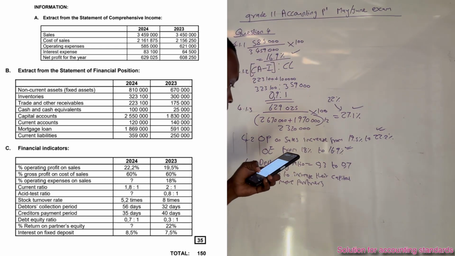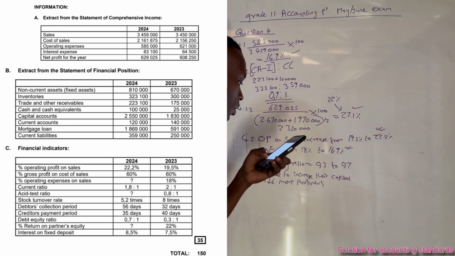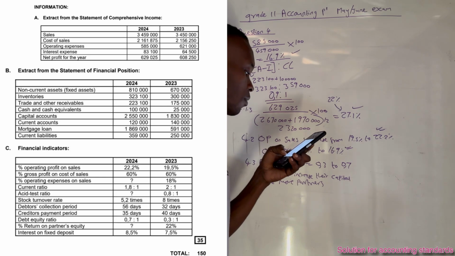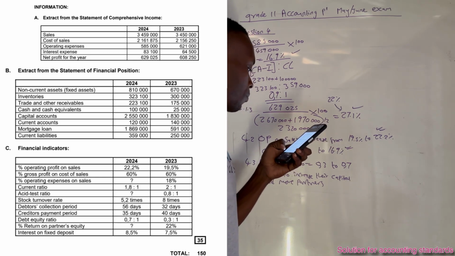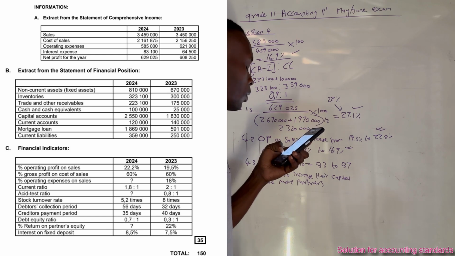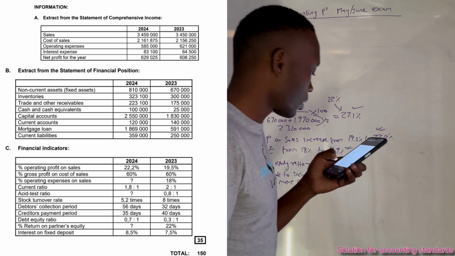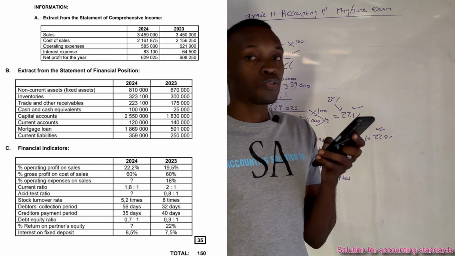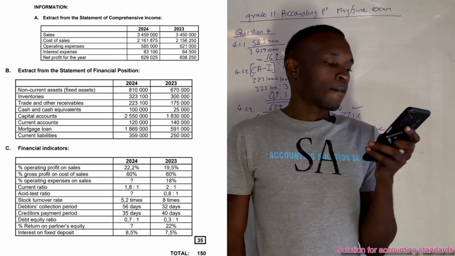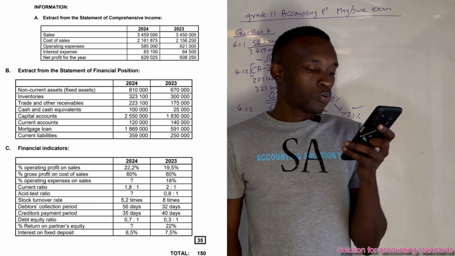Okay. Then the other one: comment on the liquidity position of the business for 2024 and quote two financial indicators. Liquidity, we're talking about current ratio, acid test ratio, and debtors' collection period or stock turnover. But let's check. Our current ratio has declined.